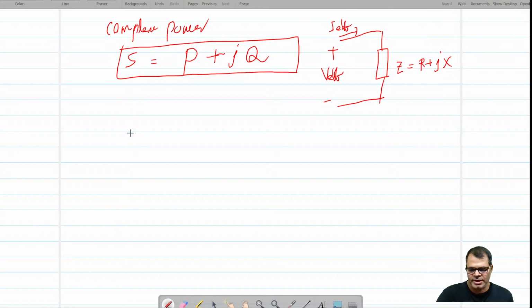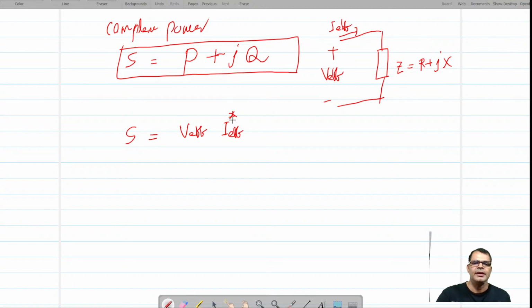So how do you calculate the complex power? Complex power S is equal to V effective into I effective complex conjugate.